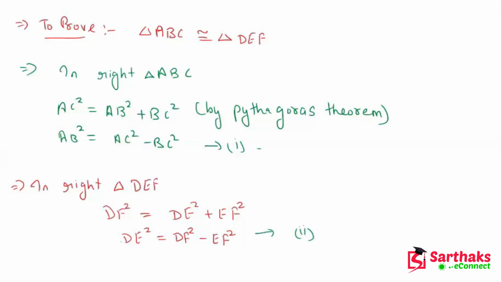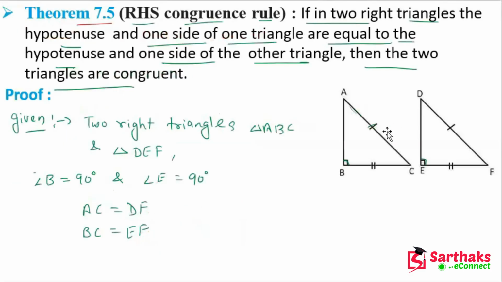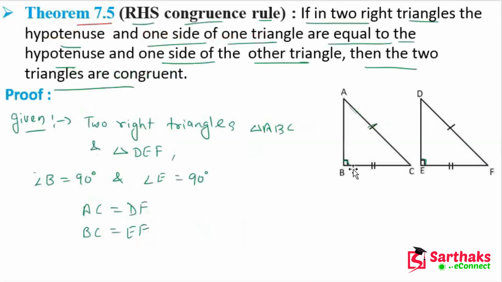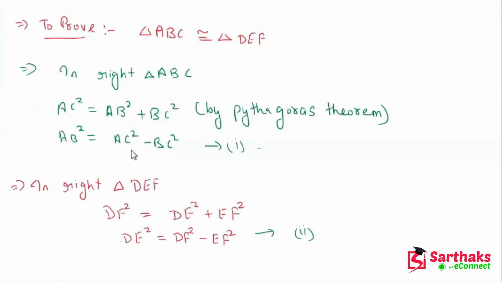Okay. So we know that in equation number 1, AC is equal to DF. So we can write DF in place of AC, and BC is equal to EF, so we can write EF in place of BC. In equation 1 we have AB square is equal to AC square minus BC square.